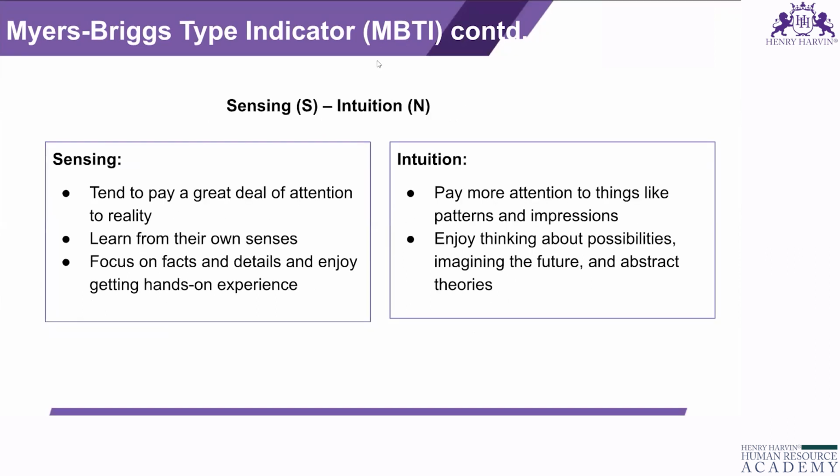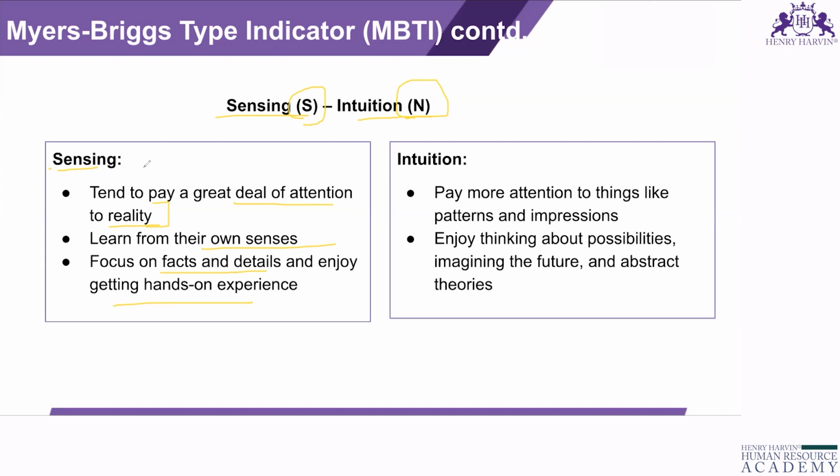Then comes sensing and intuition. This is the next pair. S is sensing, N is intuition. Sensing means paying a great deal of attention to reality and learning from their own senses. These people rely more on facts, details, and logic, and enjoy getting hands-on experience.